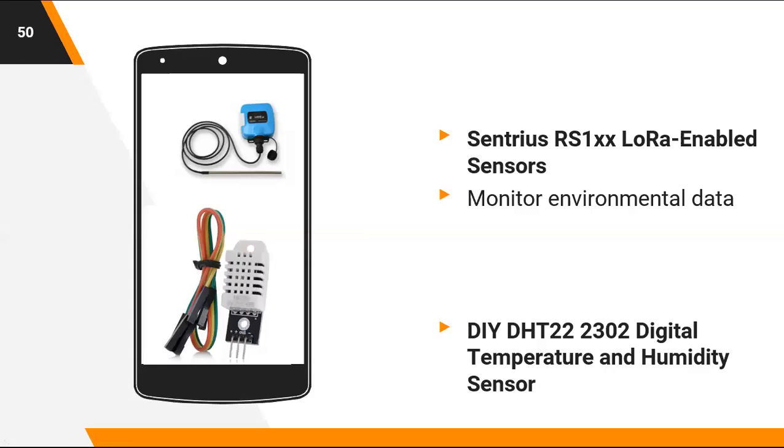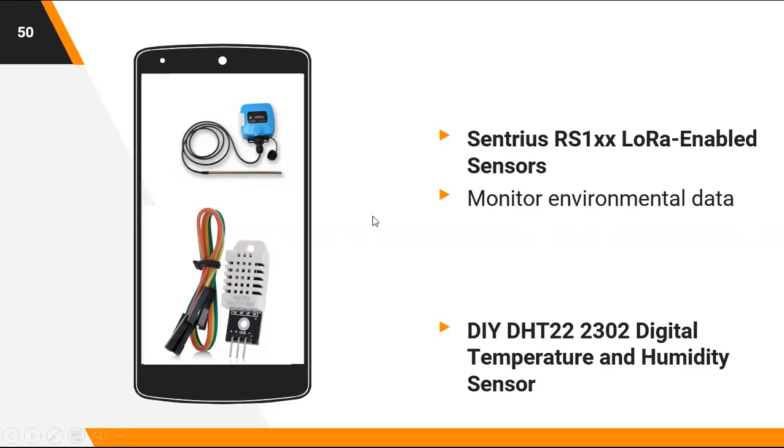Here are some examples for these two sensors, all taken from Google. This first sensor we call the Centrius RS1, a LoRa enabled sensor used to monitor environmental data.